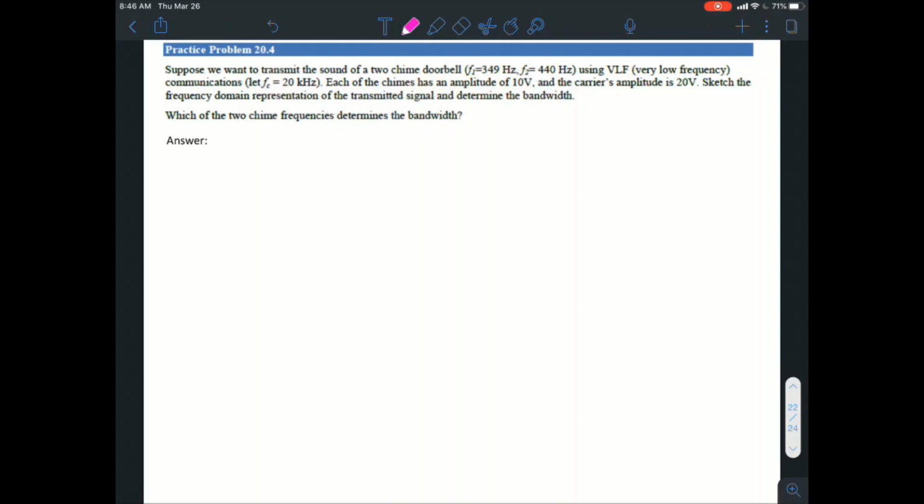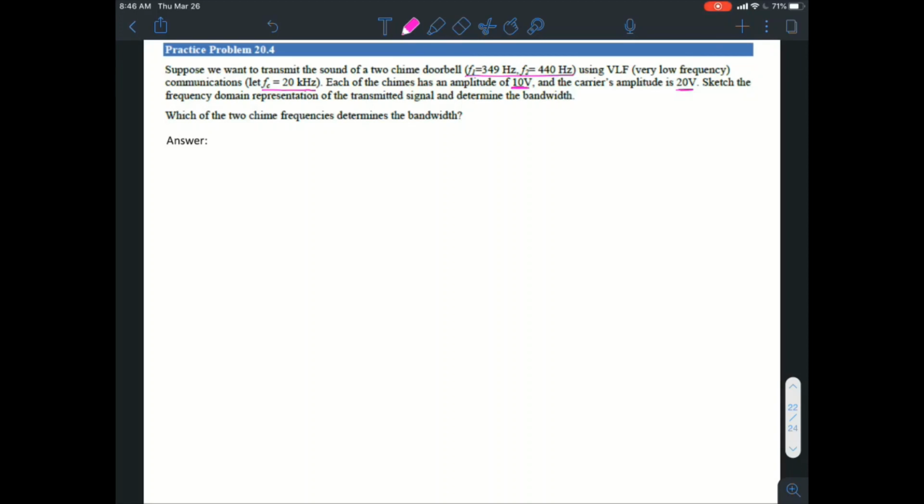So the first thing we're given is a 2-chime doorbell, and it has these frequencies right there, 440 hertz and 349 hertz. And we're using a very low frequency communication band to transmit that, with an F sub C of 20 kilohertz. And the chimes themselves, so V sub m, have a 10 volt amplitude, and the carrier's amplitude is 20 volts.